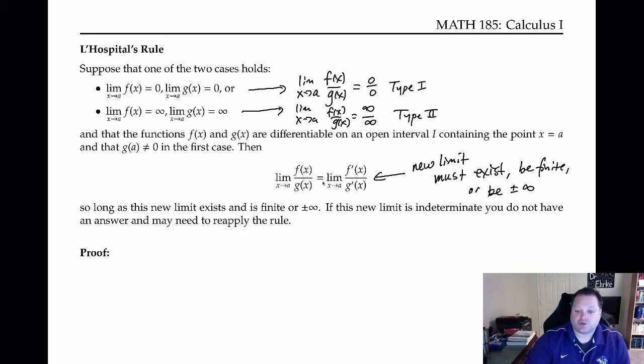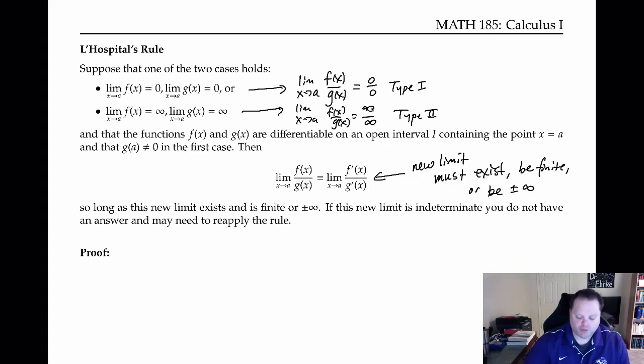That would mean that L'Hopital's rule actually fails. The only time that this gives you an answer is if this new limit that you calculate here exists and turns out to be finite or plus or minus infinity. If it's indeterminate, you can reapply L'Hopital's rule. We're going to do an example of that. But if it's just straight undefined, you can't say anything about the original limit.